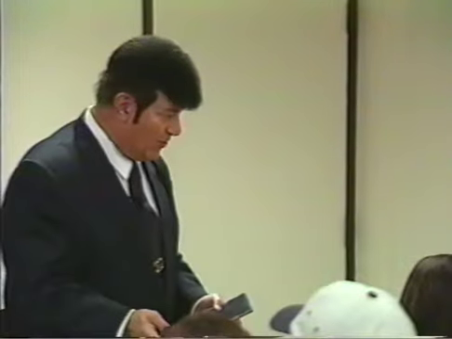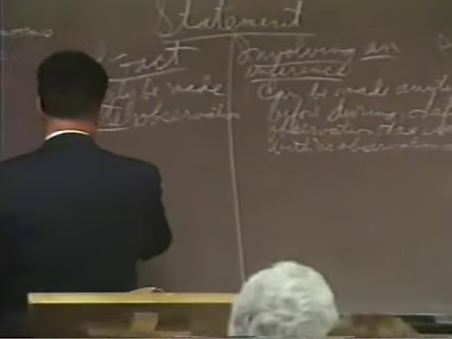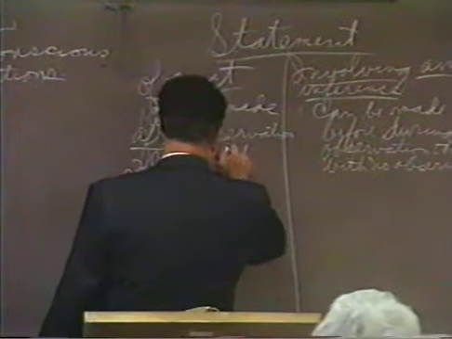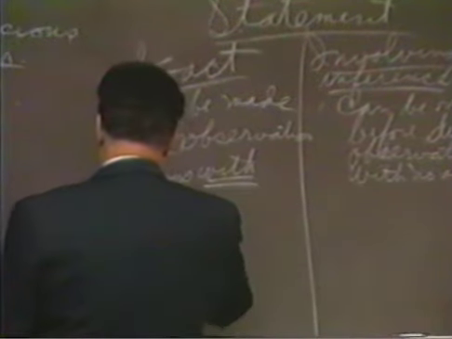Now can you make a statement of fact that I have money in my pocket? You still can't until I open it up and I show you, right? Okay. So therefore, number 2, a statement of fact stays with what can be observed.